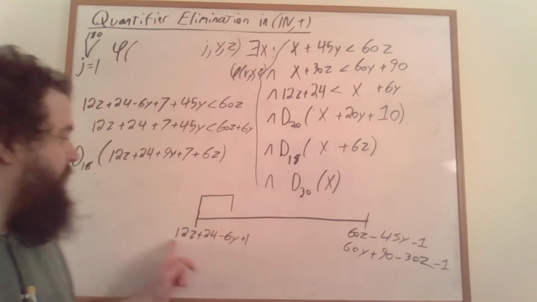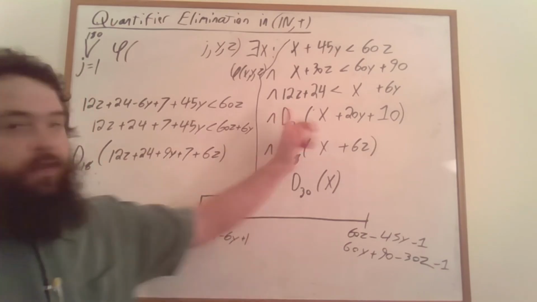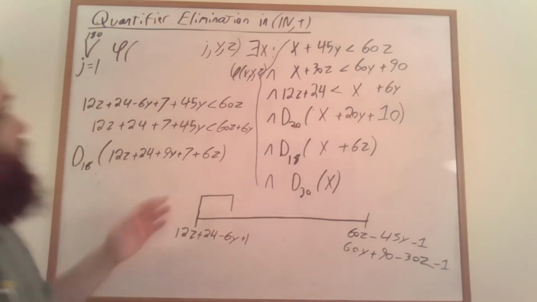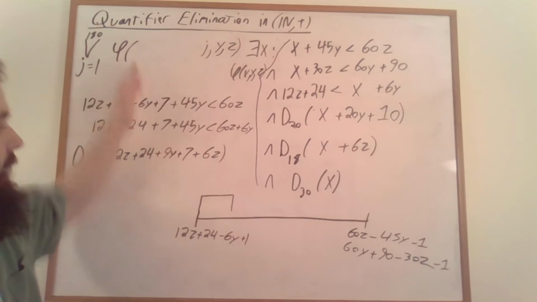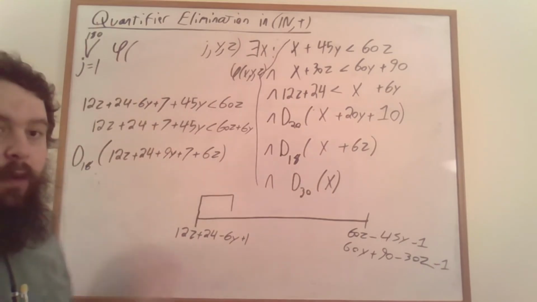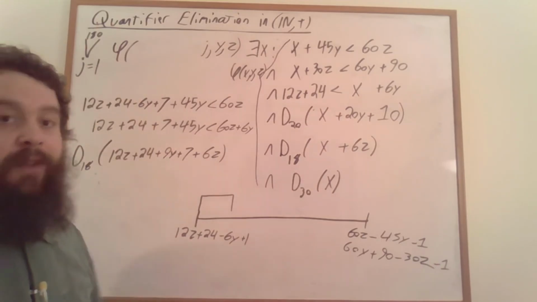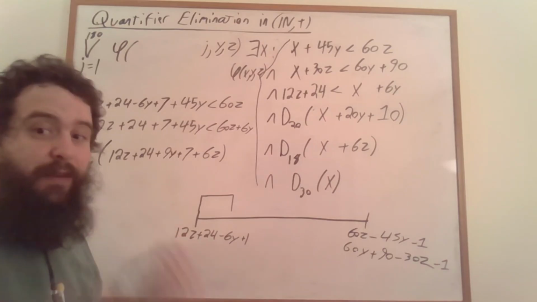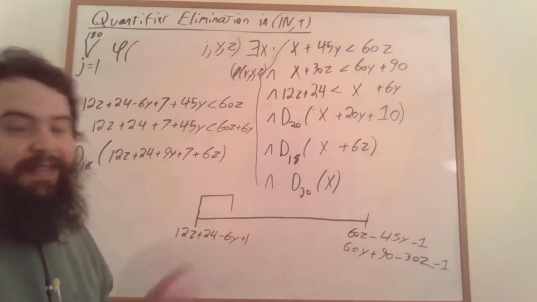One search from this lower bound, one search from the other lower bound that we got from the other inequality, and one search from 0 in case these lower bounds were actually less than 0. So again, it's going to be a really long formula, but it will be a 0th order logical formula, and that's what we're looking for.